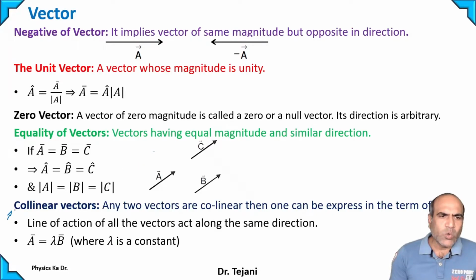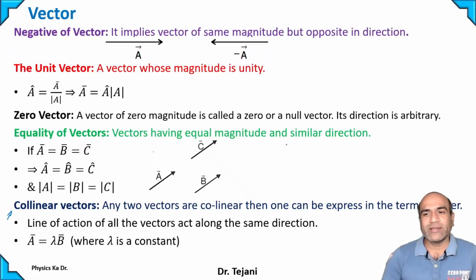Next is collinear vectors. What does it say? If two vectors are collinear, then one can be expressed in the form of the other. If two vectors are collinear, that means both are on the same line or maybe parallel.